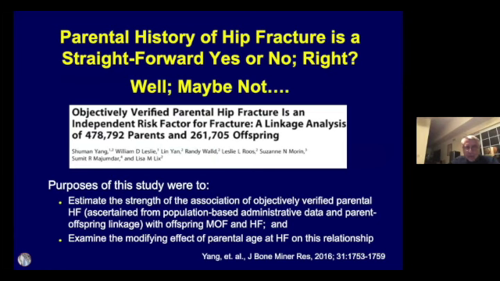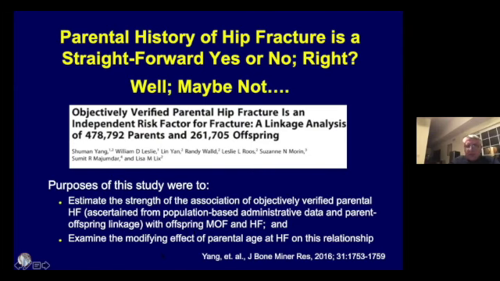The purposes were to look into the association between objectively verified parental hip fracture and offspring MOF and hip fracture, and then evaluate the potential modifying effect of parental age at hip fracture.